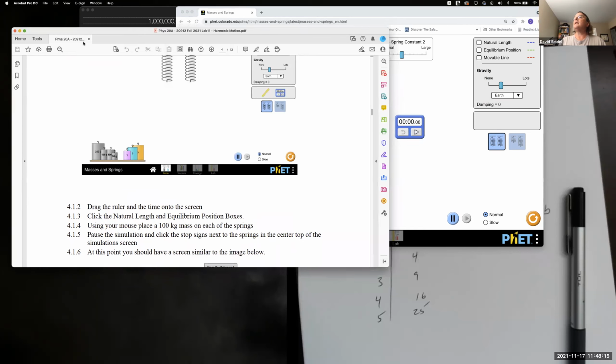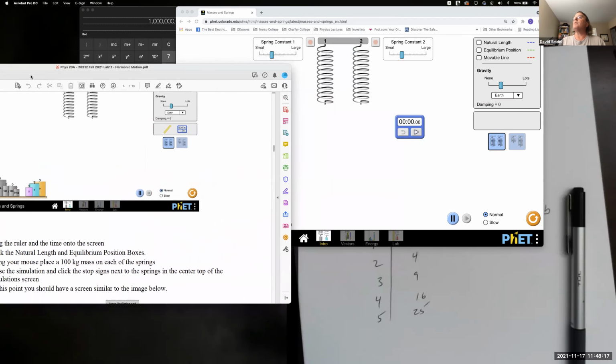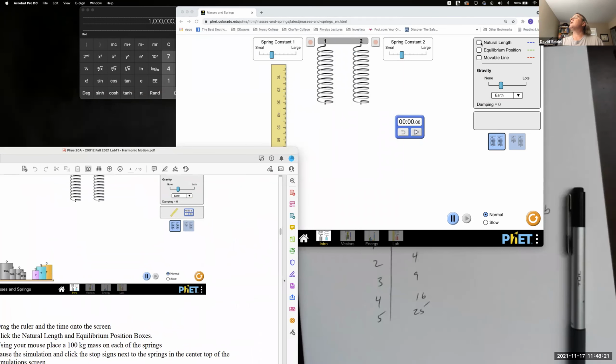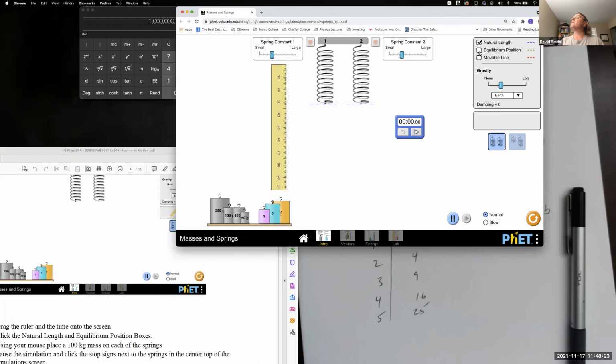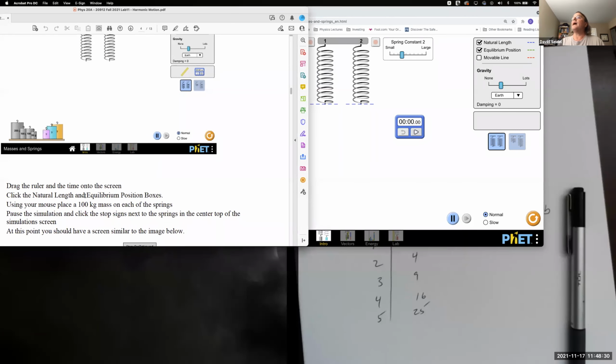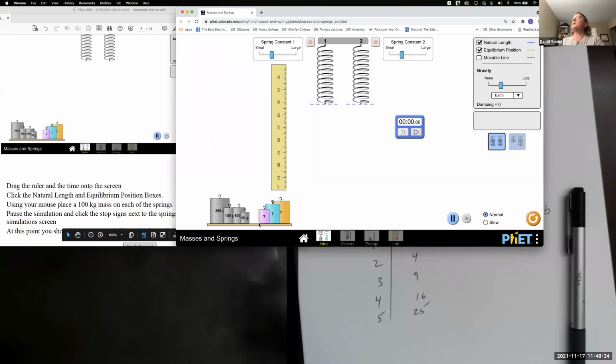Click on the natural length and equilibrium position boxes. We went ahead and did that, and use our mouse to put the 100-gram mass on each spring.